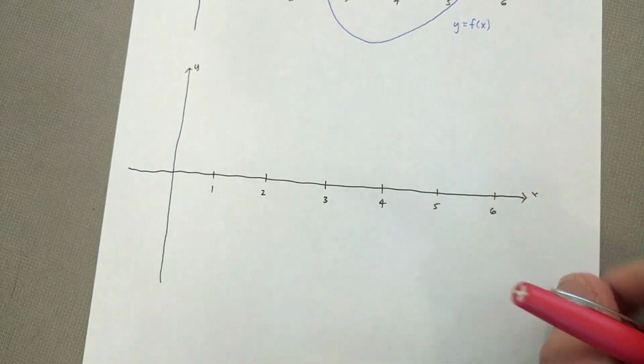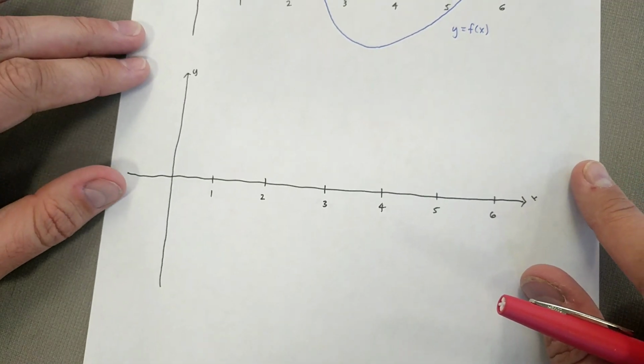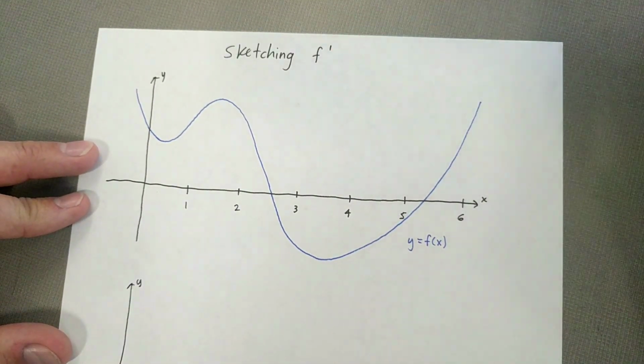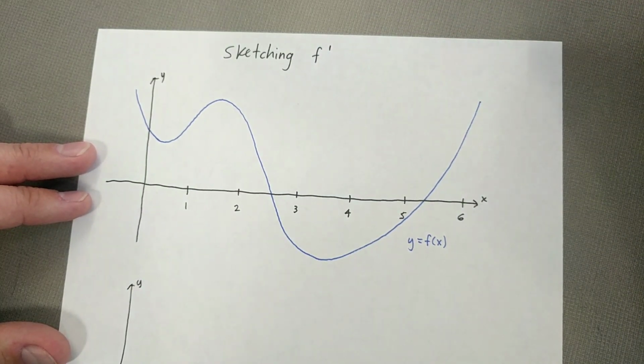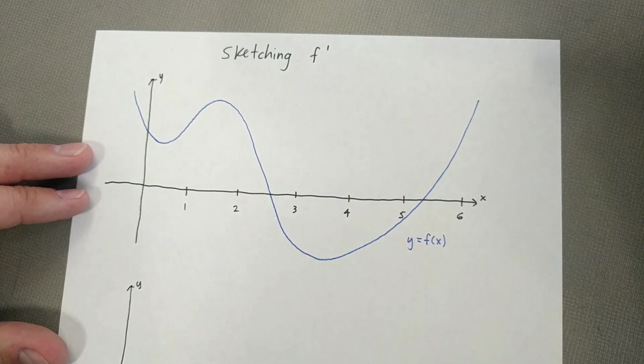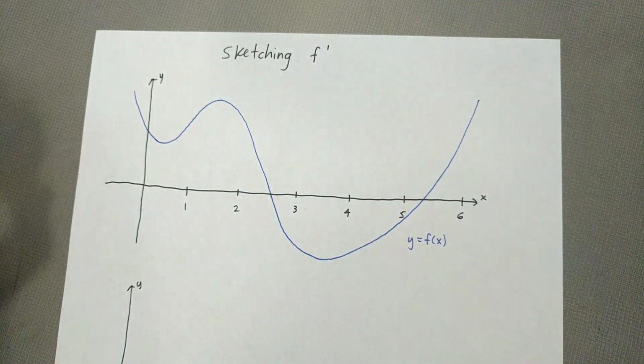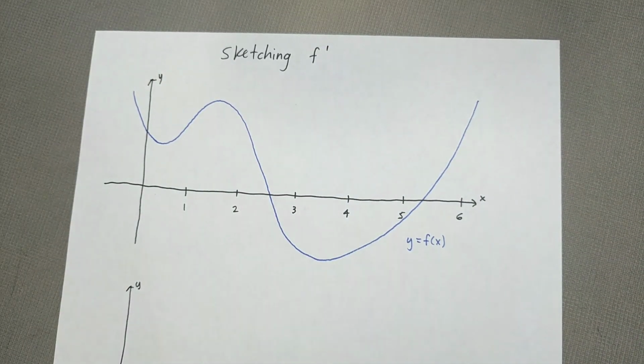So all my x-intercepts have an output value of 0. So I want to know, when does the derivative give me an output of 0? Well, that would happen when the slope of the curve is 0. That would mean that our tangent lines are horizontal lines, okay? So where does that happen?